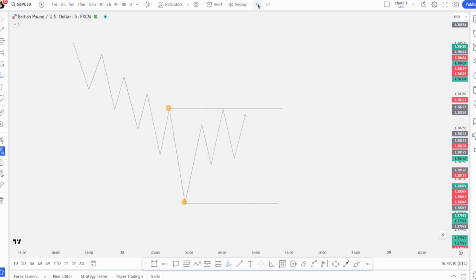Now, the main principle with this is, as you learned in the last session, we're finding the smaller time frame order flow investments that are giving the market its order flow structure. Remember, structure and liquidity work in unison.